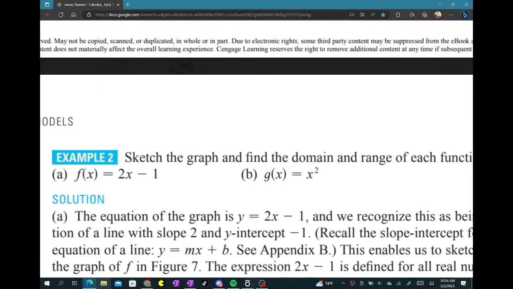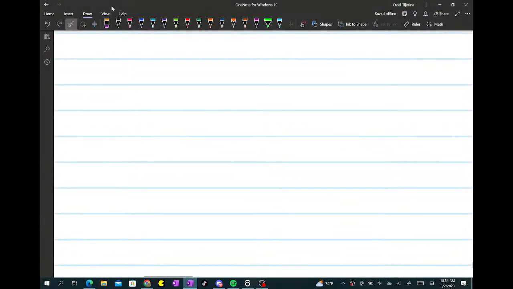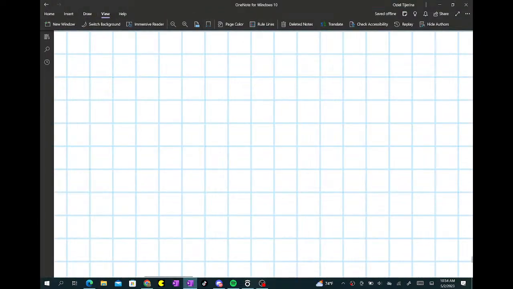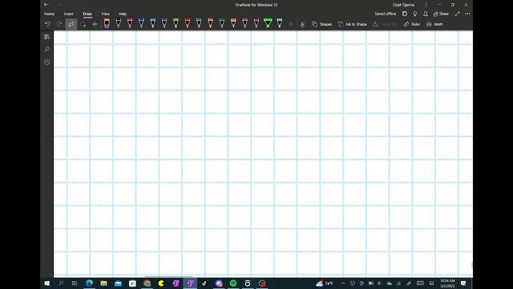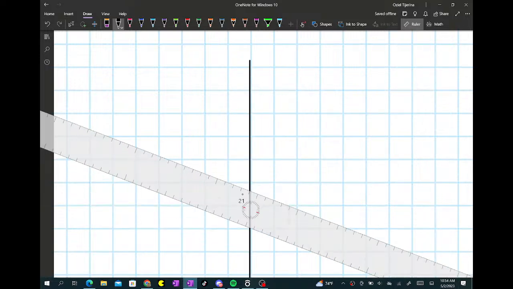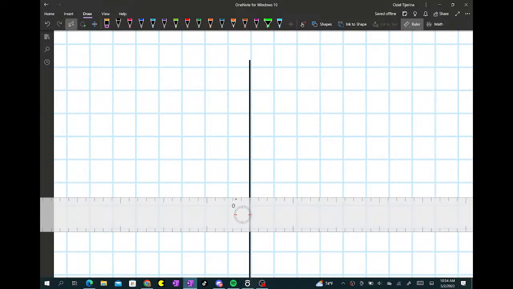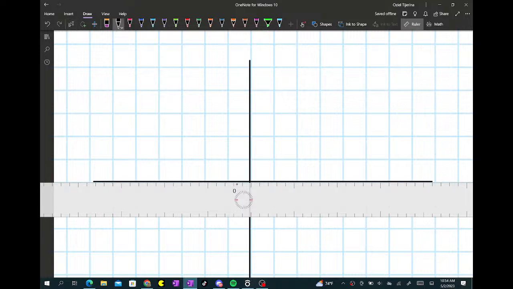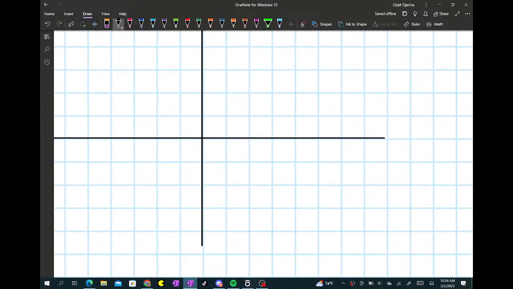Now it says sketch the graph and find the domain and range of each function. So I'm gonna just do this really quickly. I'm gonna draw a graph, and we're just gonna go over this very briefly. Hold on guys, this is crazy. Okay, let's do 1, 2, 3, 4, 5, 6.